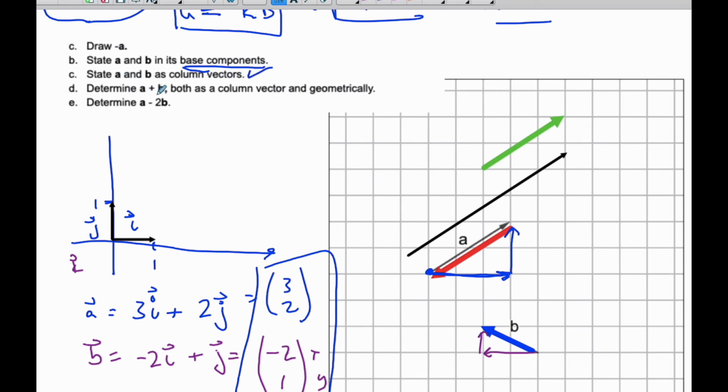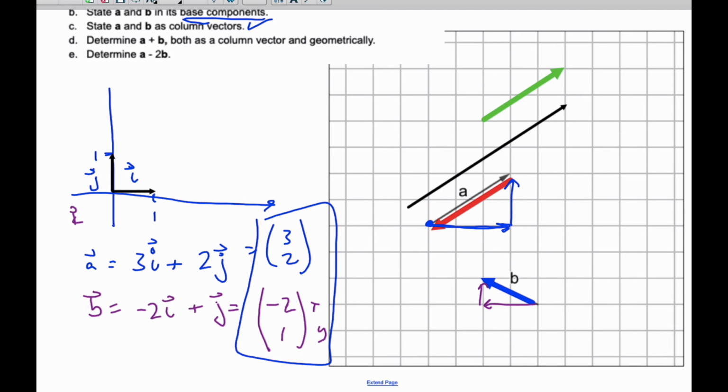Now, determine A plus B, both as a column vector and geometrically. Well, what this means, A plus B. If I come along here, let me tidy this up a little bit. I know that this is my A vector, and this is my B vector.